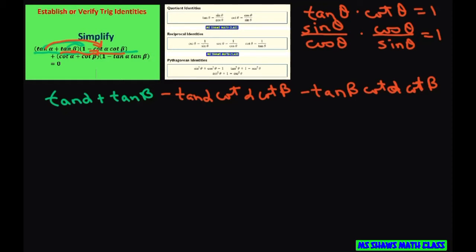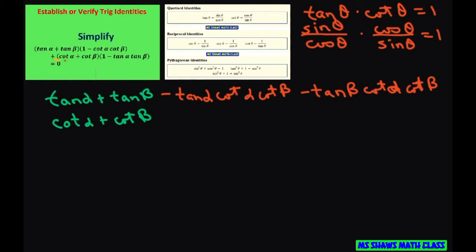All right. And now let's do the second one the same way. Let me erase this. So go ahead and multiply cotan alpha times 1 and cotan of beta times 1. So you have cotan of alpha plus cotan of beta. And then we do the same thing.